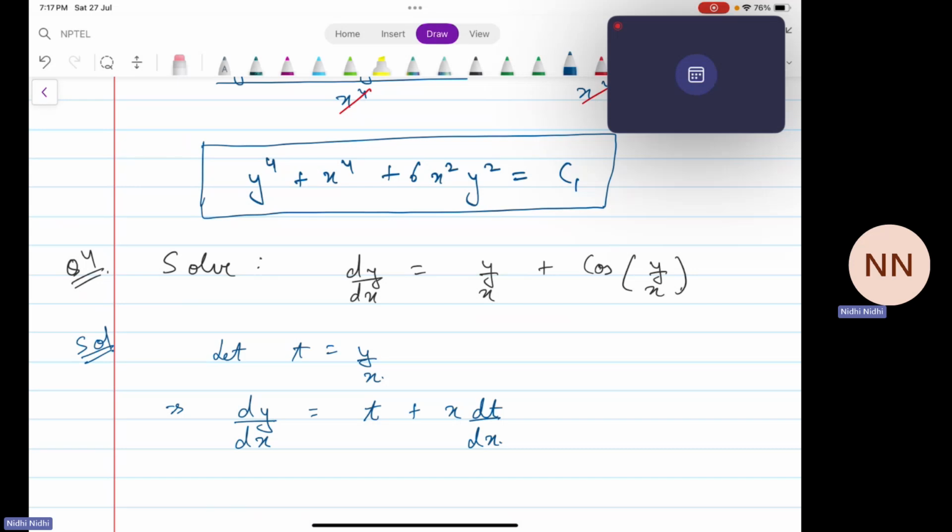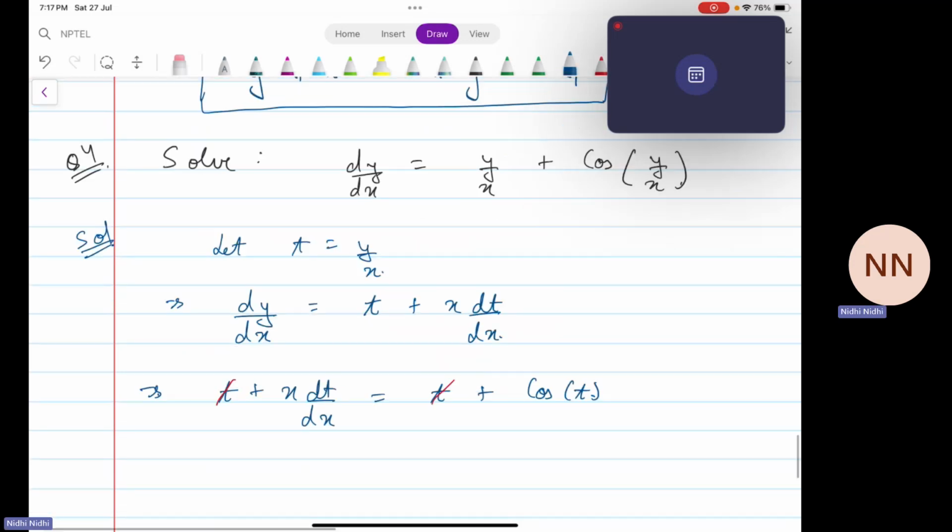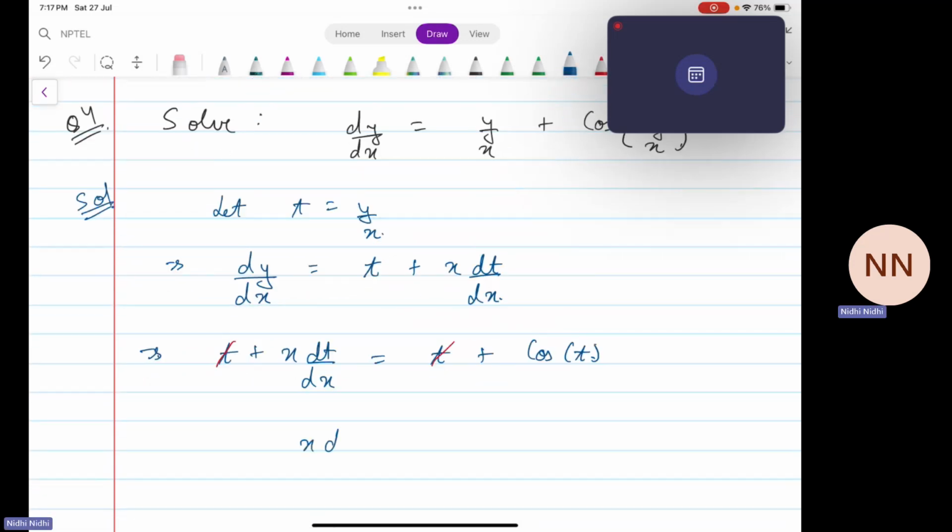Now putting the value of dy by dx in terms of t, we get t plus x dt by dx is equal to t plus cos t. Now this t gets cancelled out. We are left with x dt by dx is equal to cos t. Now we can easily separate the terms involving variable t and variable x on either side.